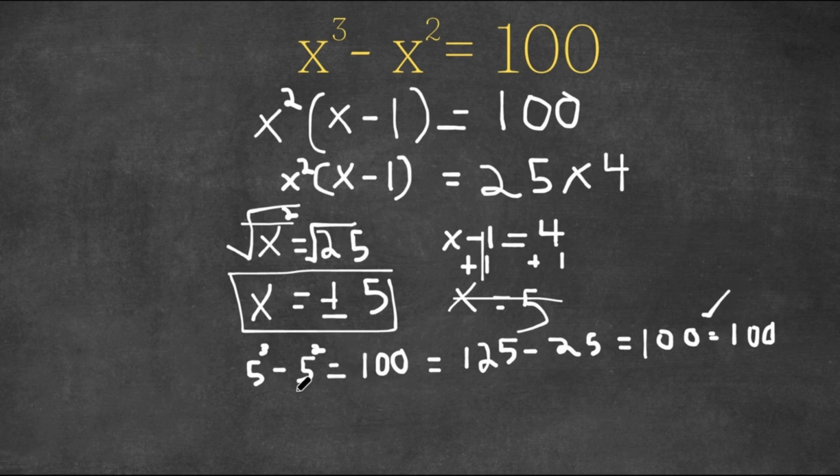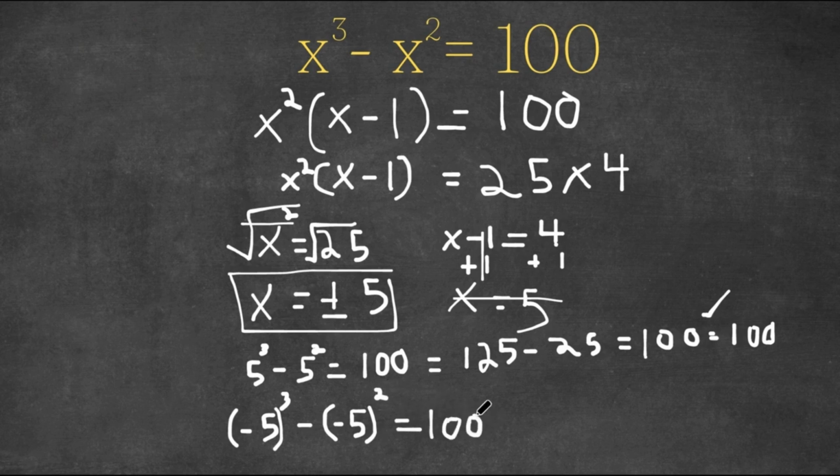Now, why don't we plug in negative 5? Plugging in negative 5, we would get negative 5 in parentheses to the power of 3 minus negative 5 to the power of 2 equals 100. Now, negative 5 to the power of 3, well, a negative to the power of an odd number is still going to be negative.